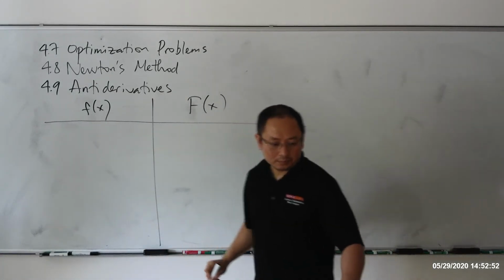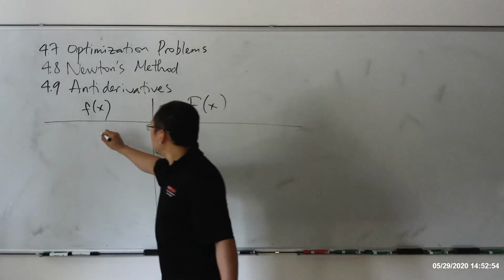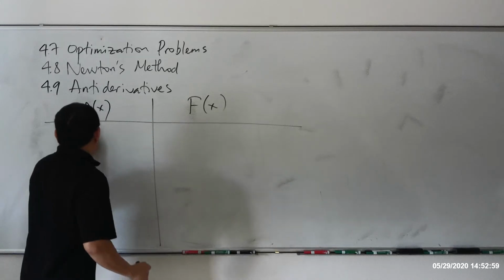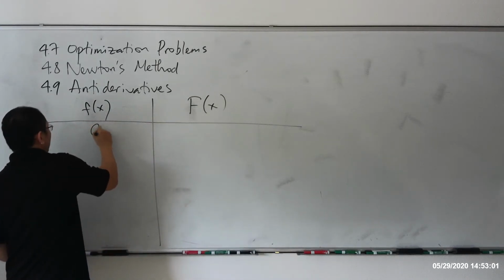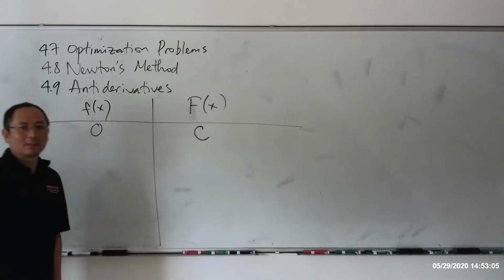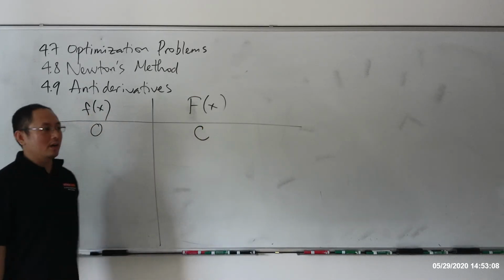If f of x is 0, then the antiderivative of 0 is a constant c. You see why? The derivative of any constant is 0.